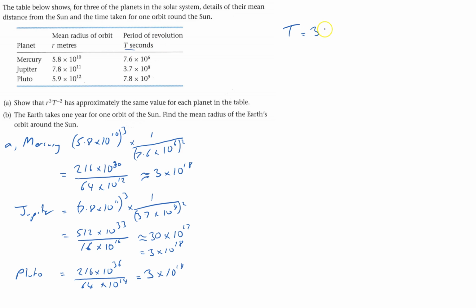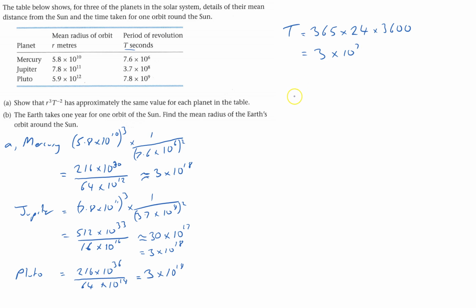There's 365 days in a year, each day has 24 hours, and each hour has 3,600 seconds. That equals about 3 times 10 to the power 7, roughly.